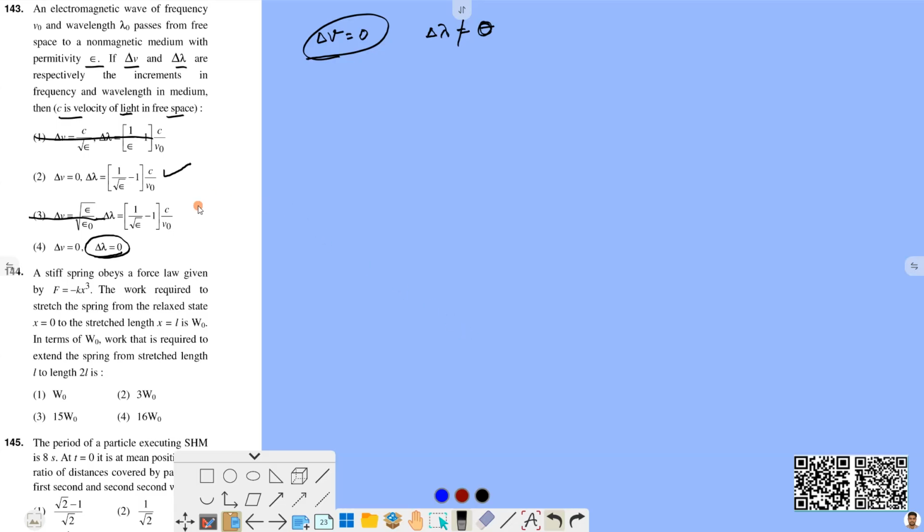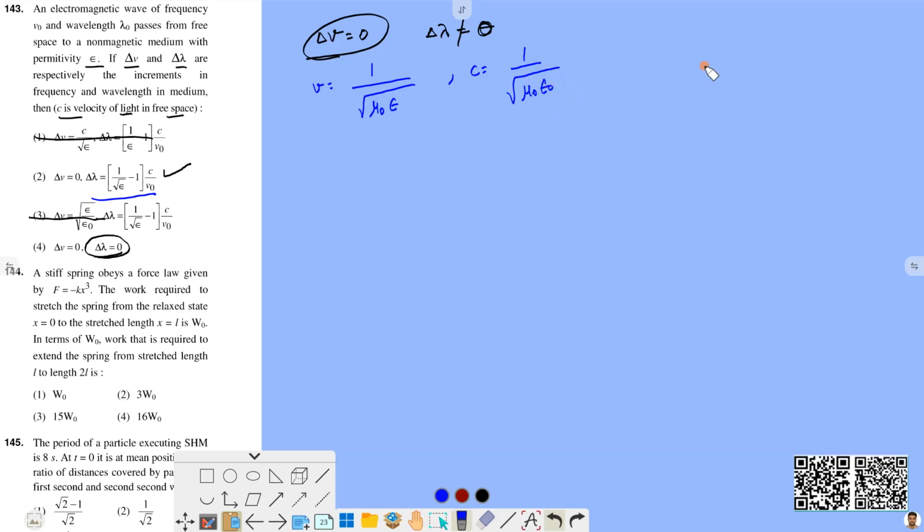And if we want to solve the expression for lambda, then we can use electromagnetic theory. According to electromagnetic theory we have velocity V will be equal to under root 1 by mu naught into epsilon, and speed of light is equal to 1 by under root mu naught epsilon naught.